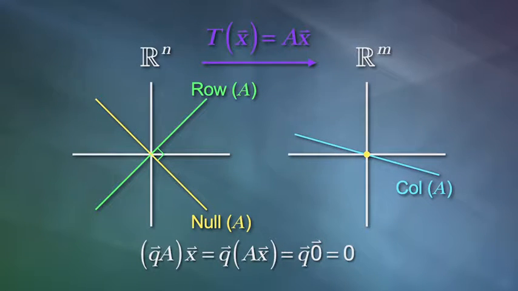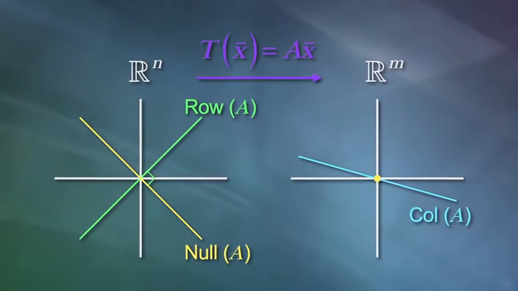But since x is in Null A, we have Ax equals 0. So q times A times x equals 0 as well. This means the quantity qA, which can represent any vector in Row A, must be orthogonal to any vector x in Null A.